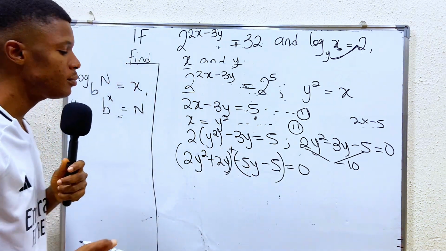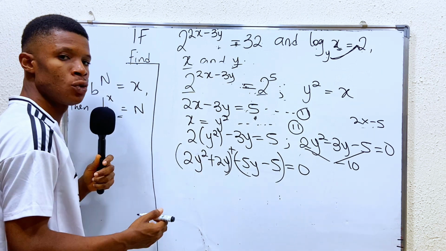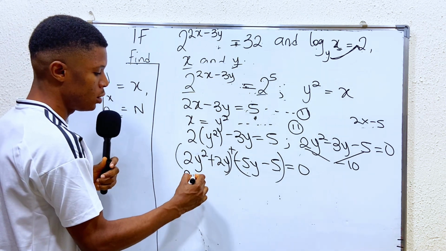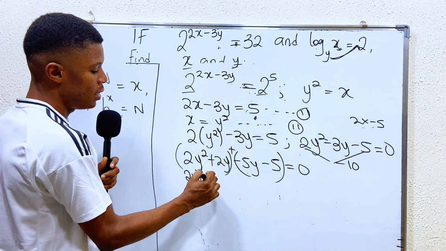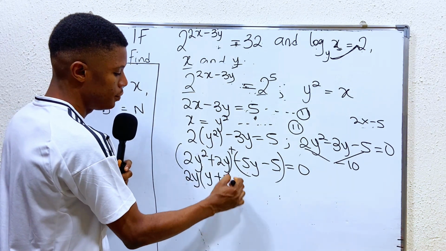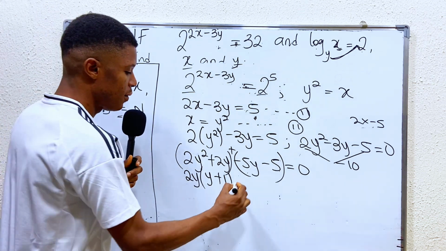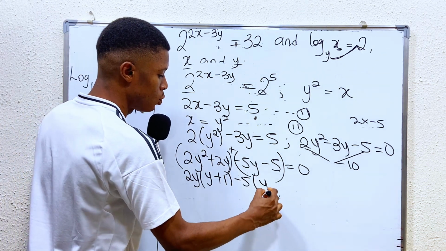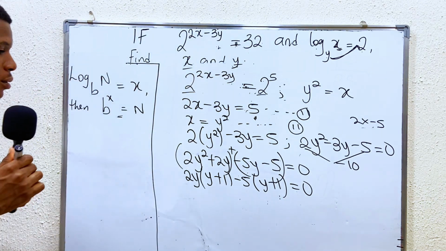Factor out the common term between 2y squared and 2y. The answer is 2y. If you factor it, you are left with y plus 1. Then if you factor the common term, which is minus 5, you are left with y plus 1, and that's equals to 0. Good.